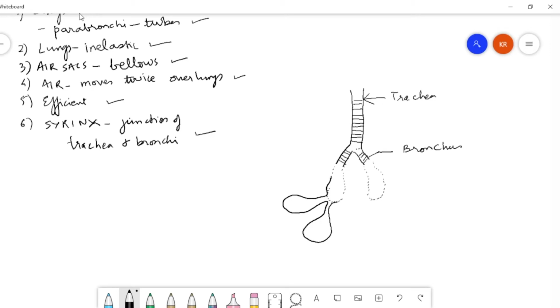These are the two air sacs at the lower end. The same thing I will draw over here.